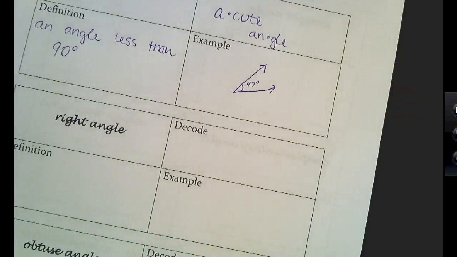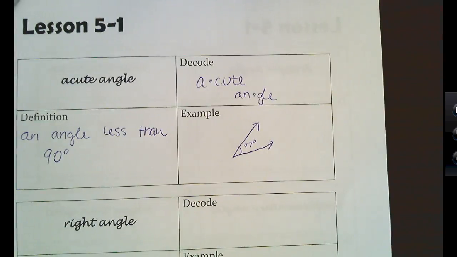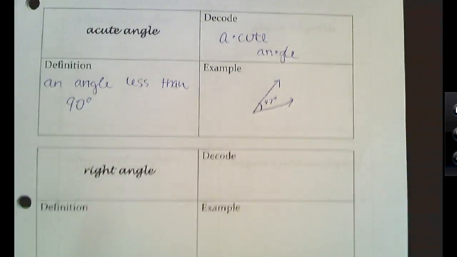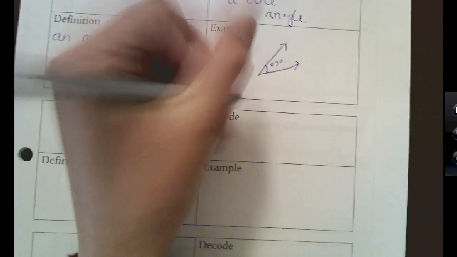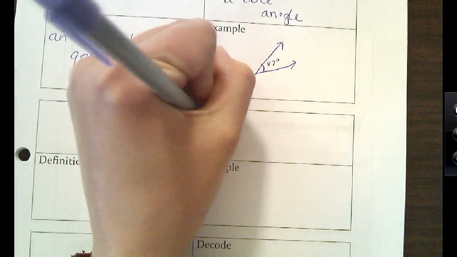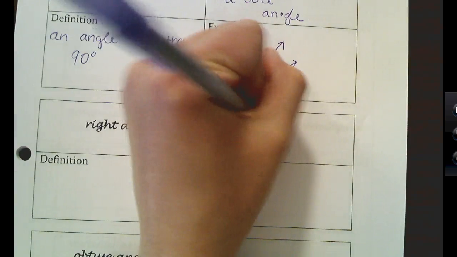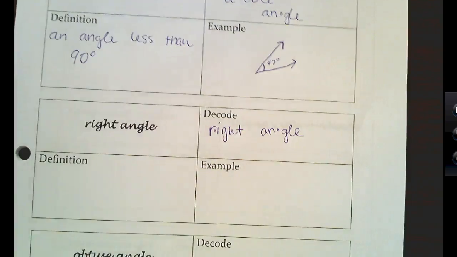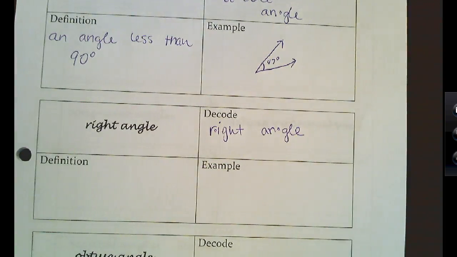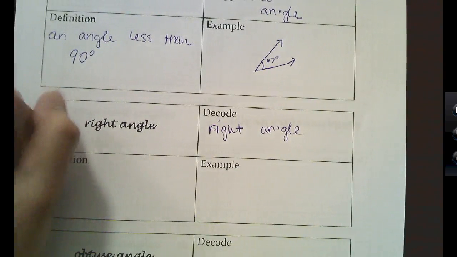So now that we've talked about an acute angle is a small angle, kind of like a cute baby is a small baby. Now go ahead and decode the word right angle for me. Right angle. And what did you just say it was? It's exactly 90 degrees. Very good.